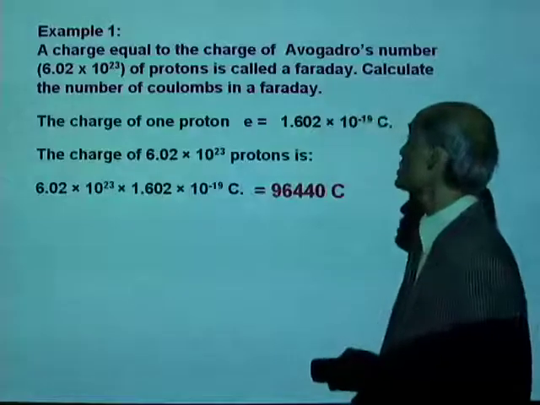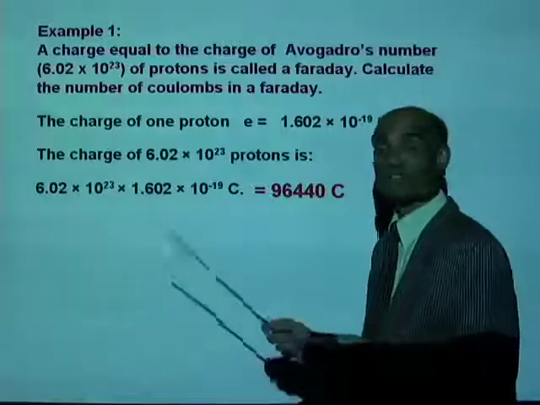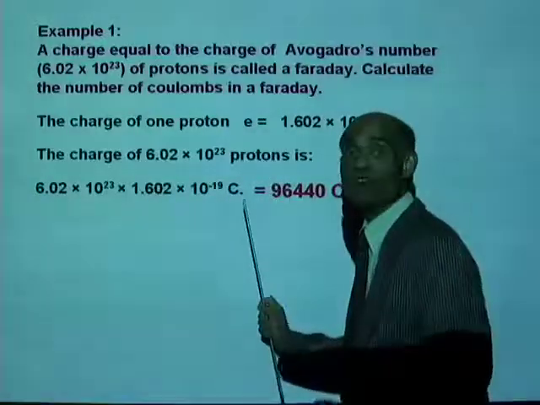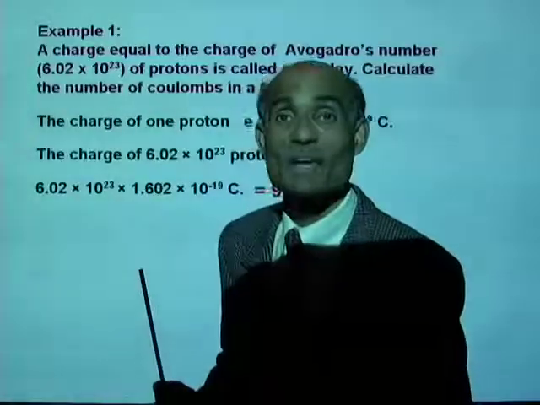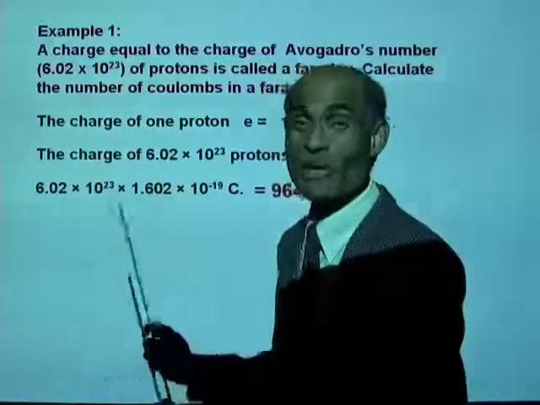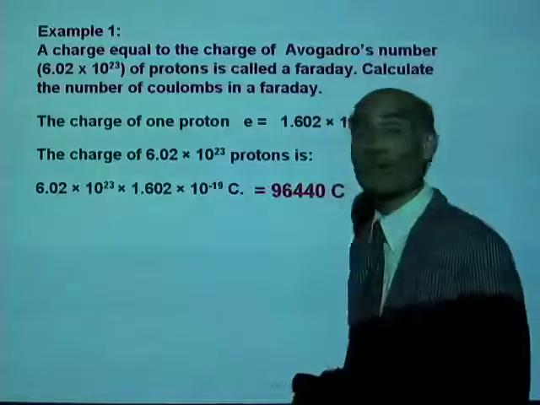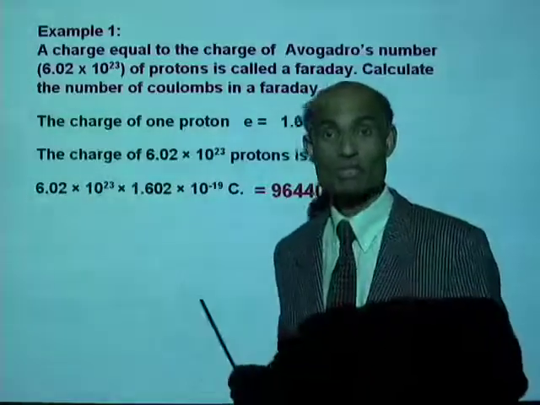That is 96,440 coulomb. This is an important quantity in chemistry. This is called a Faraday. The amount of charge carried by Avogadro number of protons is called a Faraday, and that is 96,440 coulombs. It's a very large amount of electric charge.